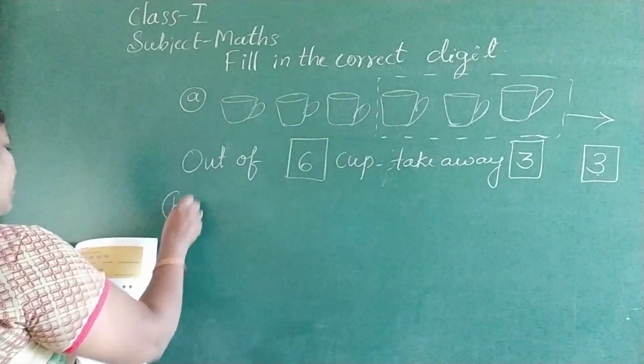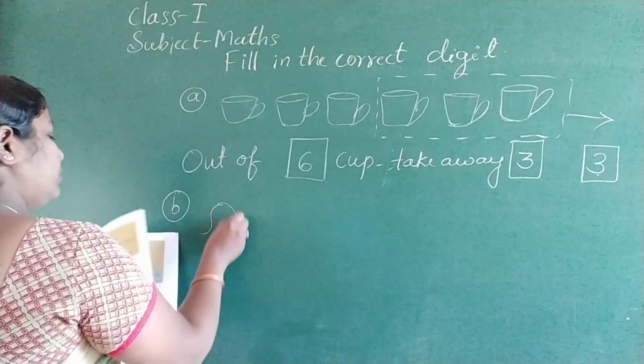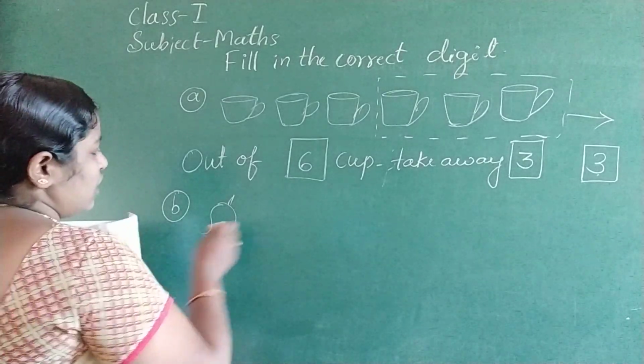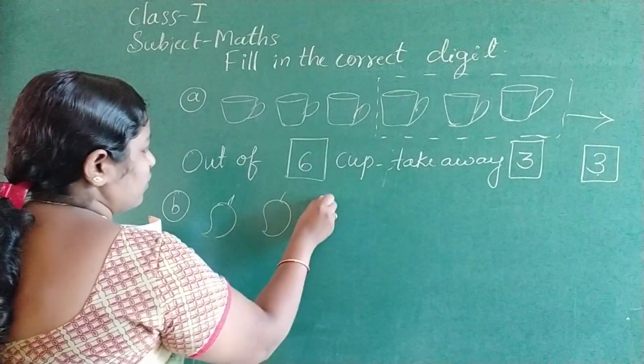Next B. Mango. 1, 2, 3, 4, 5, 6. How many mangoes are there?